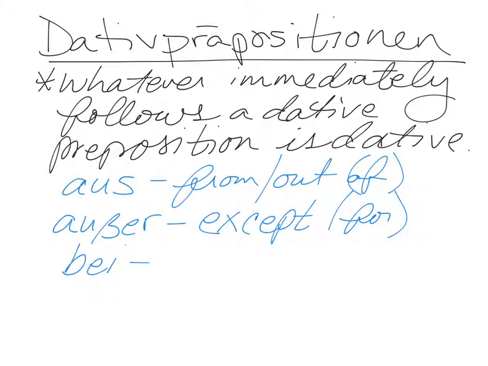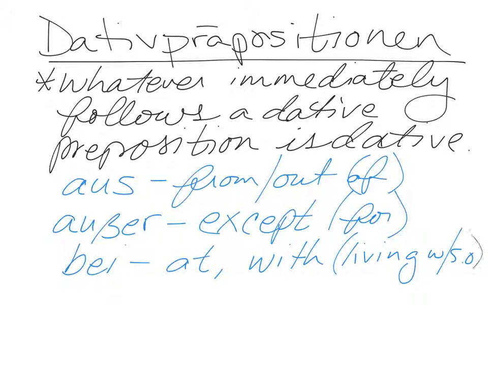Next one is bei. And bei can mean at. Like you're talking about, I work at McDonald's, you would use bei. Okay. It can also mean with. Usually when you're talking about living with someone. Okay.